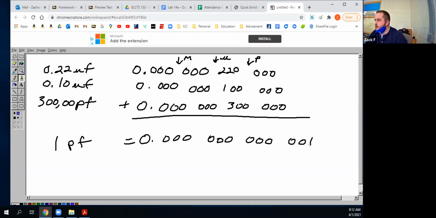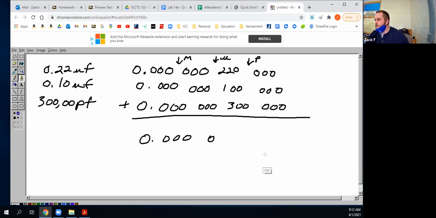If you had 300,000 of those, if you had 100,000, it would be moving the decimal place. Bloop, right there. Anyway, that's how I look at it.